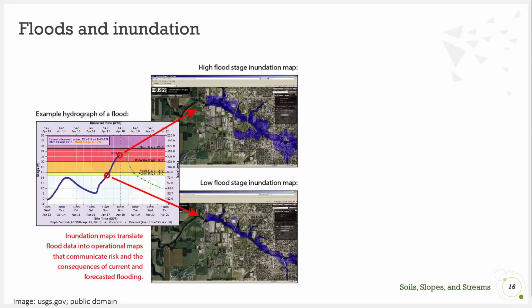Instead, they're modeled outputs of the inundation of the river at different stages and discharges. Maps like this are publicly available to every citizen so they can learn about hazards in their area and make better informed decisions. The colors you see in the hydrograph at left correspond to flood risk levels. I'll go to an example from the Boulder River flood in 2013 to better discuss these.